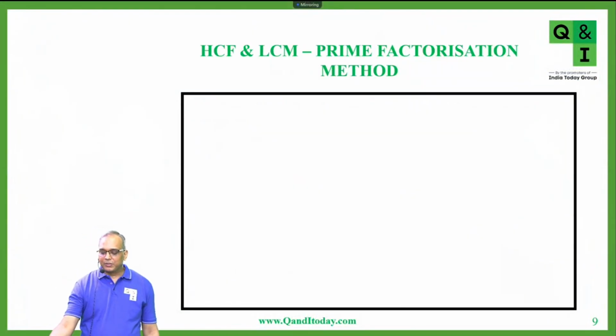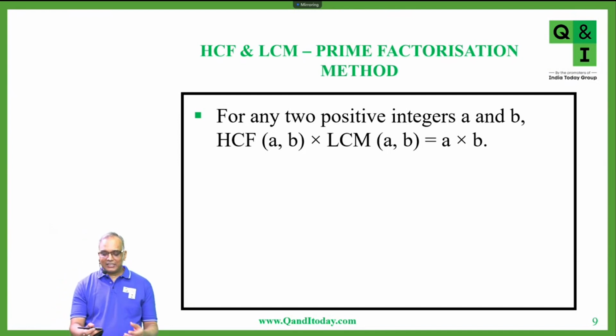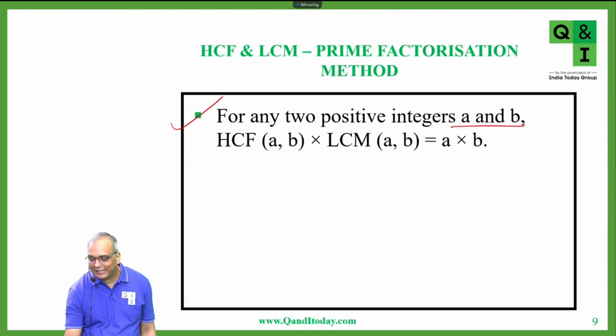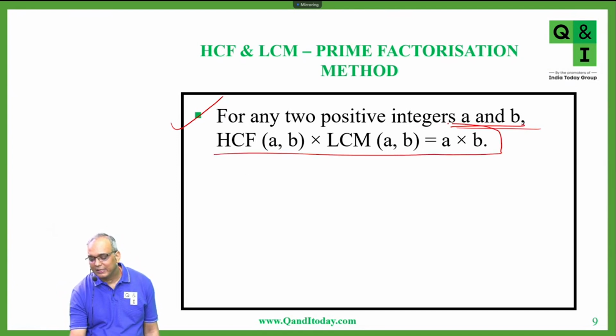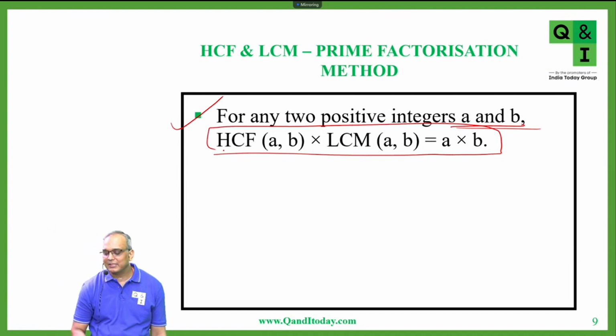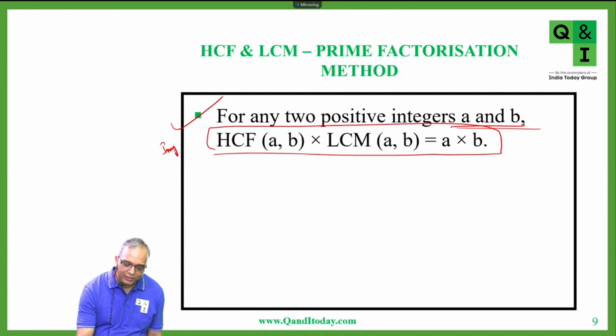Let's go ahead, students. So just now we were discussing this. For any two positive integers a and b, the product of the HCF of a and b and the LCM of a and b is equal to the product of the numbers a into b. Right? This is an important theorem.